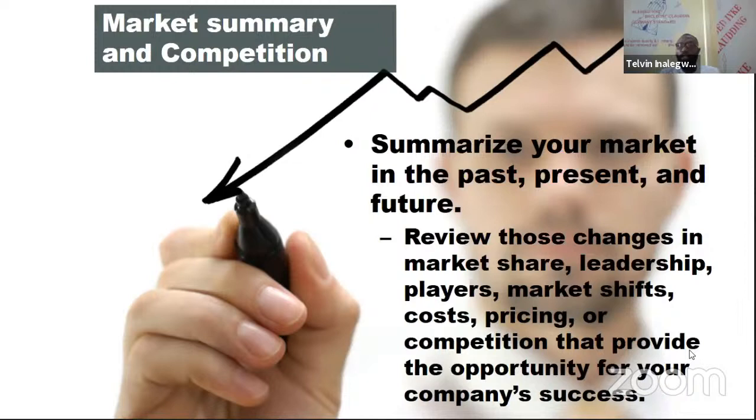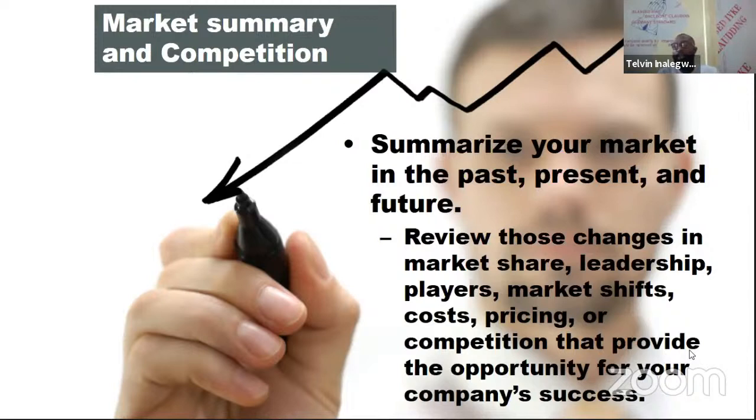So you review those changes in market share, how many people are the key players, how much were they getting, the leadership, who are the ones playing this game, the players, the market shift, how is it going forth, the cost, how much is transportation, how much is delivery of goods, what allowance have you made for contingencies, then your pricing, what prices are you giving?